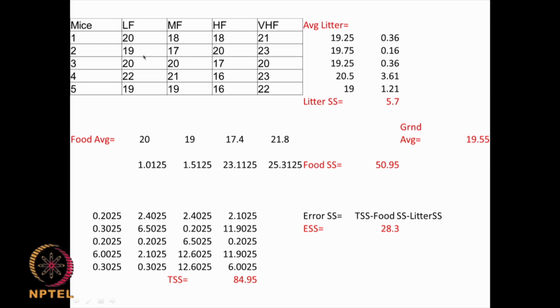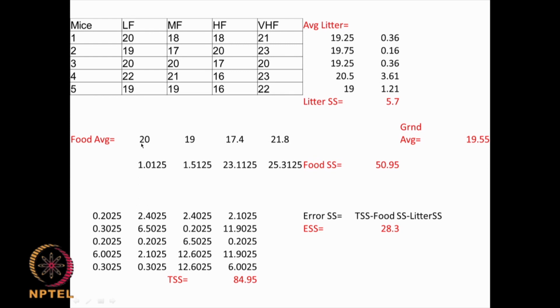This is an indication of the litter of the mouse. So, 19.25 is the average of these 4 items, 19.75 is the average of this row, and so on. When I take an average of all these, I should get the grand average. Now, we have a food average, and we have the litter or mouse based average.